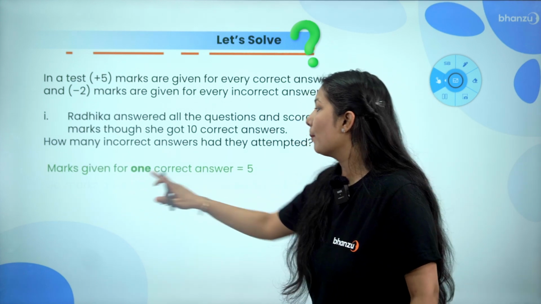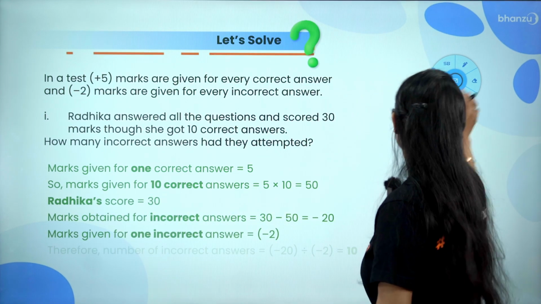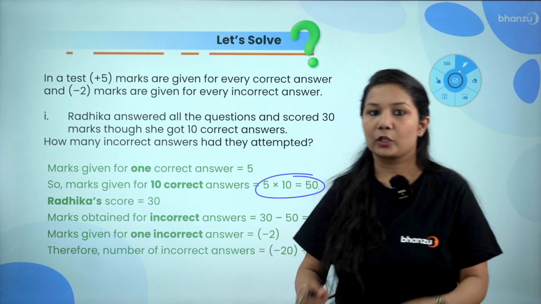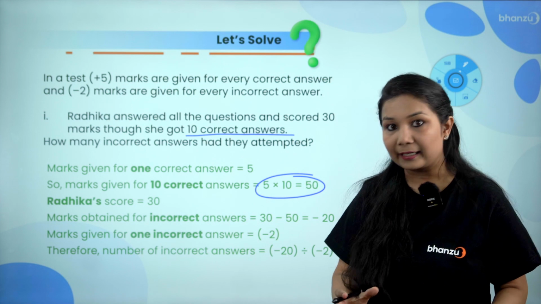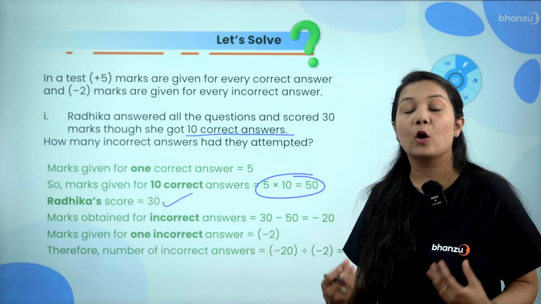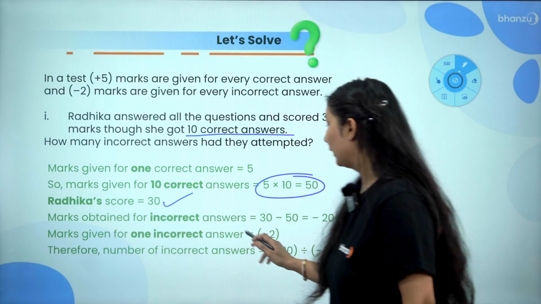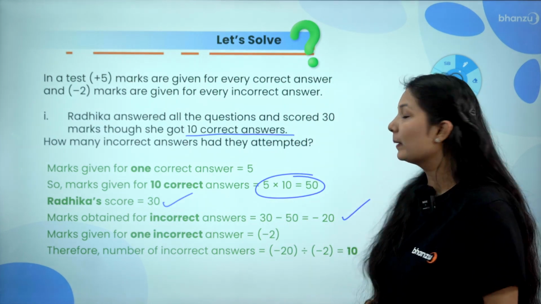So first thing, marks for one correct answer is plus 5. So for 10 correct answers, it would be 10 fives are 50. So she got plus 50 marks for 10 correct answers, right? But her score is 30 marks. So how many questions did she do wrong? So marks obtained for incorrect answers would be 30, which is her score, minus 50, which is minus 20.